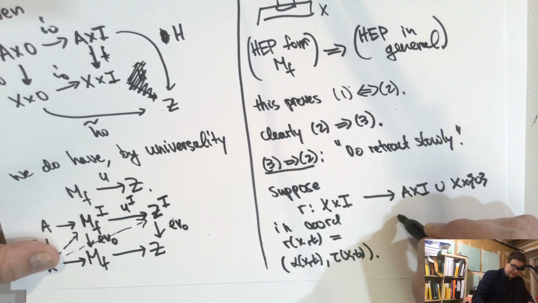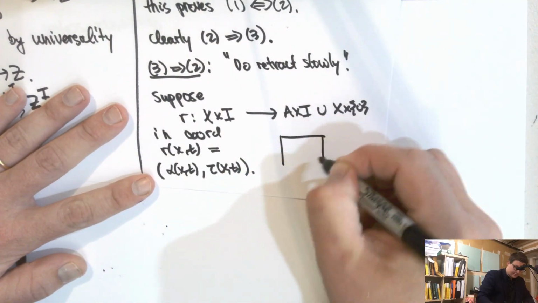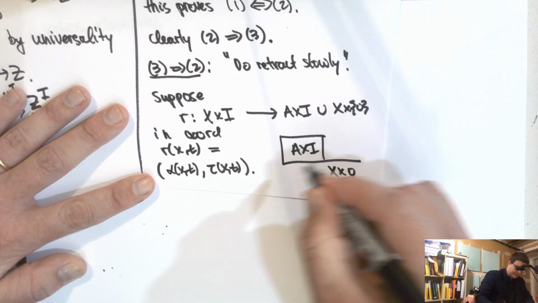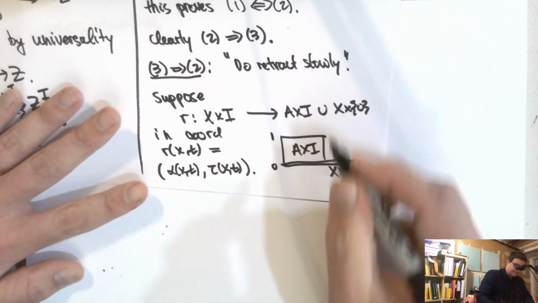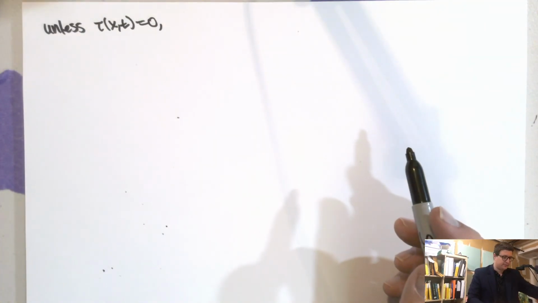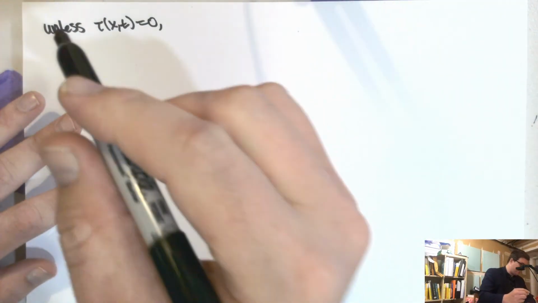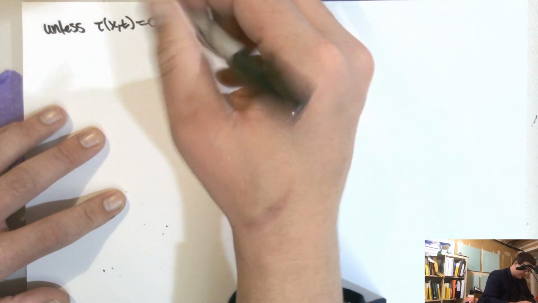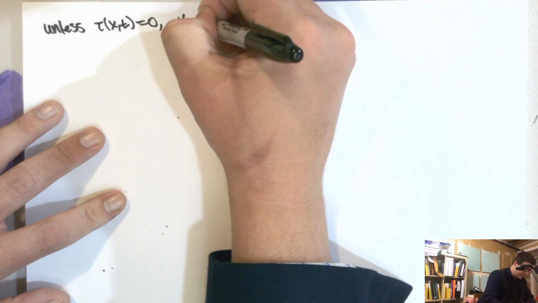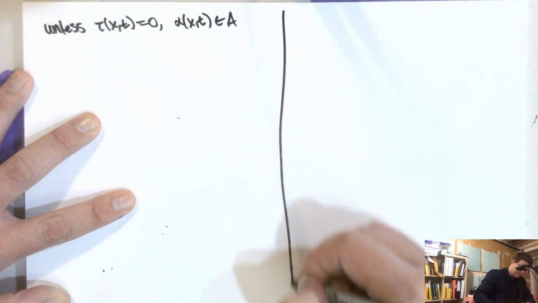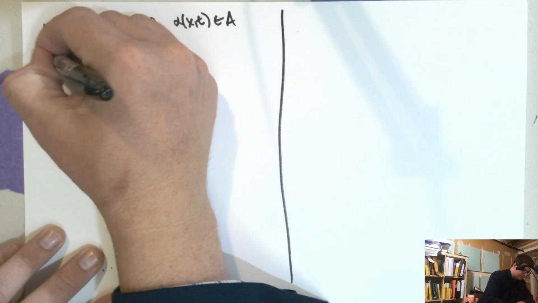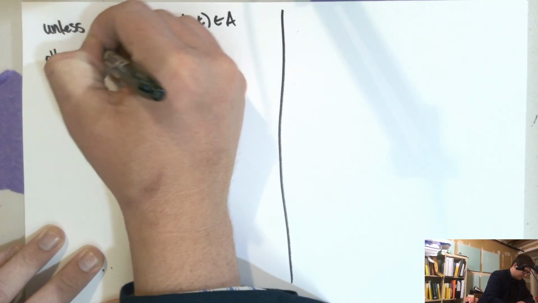So let me draw the drawing again. So A cross I, X cross 0 is this part here. Right, so here's 0 and here's 1. So unless it's in the boundary, well, what we need is alpha of (x,t) is an element of A. Okay, and so other properties that we have, right?